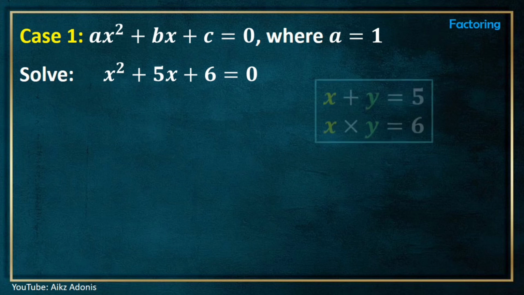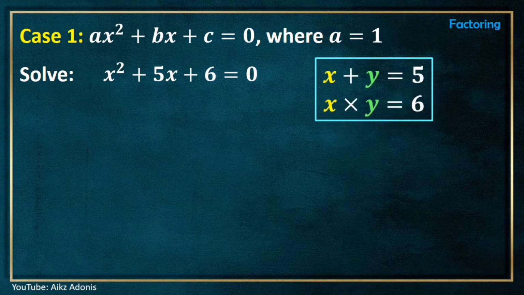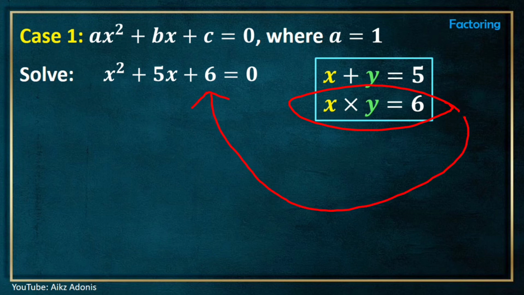So in Tagalog, mag-iisip po kayo ng dalawang number na kung saan kapag inad nyo yung dalawang number, ang sagot ay ang value ng b or yung middle term. At kapag minultiply nyo naman ang dalawang number, ang sagot ay ang value ng c or yung constant term.